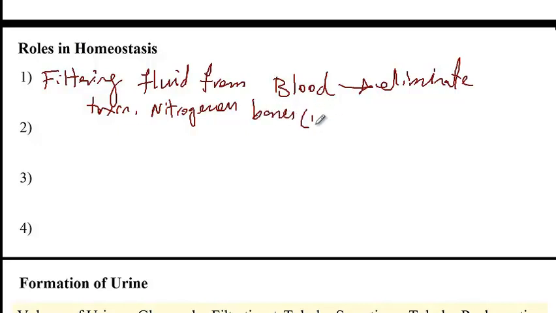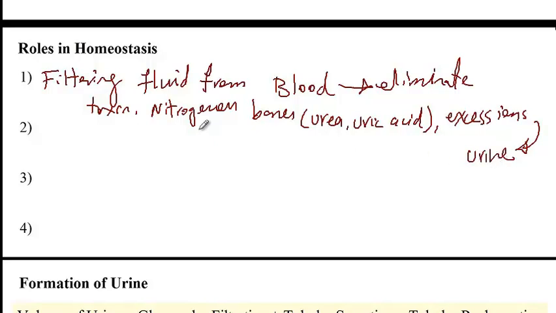These are being excreted as urea, uric acid, or creatine, and also excess ions will be secreted in the form of urine.